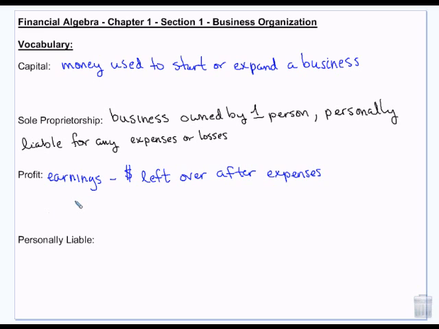Even if you own a business that employs other people, after you've paid their paychecks and the rent on your building or whatever, any money that's left over is yours. That profit is yours. Okay, and then we have personally liable, which is being personally responsible.